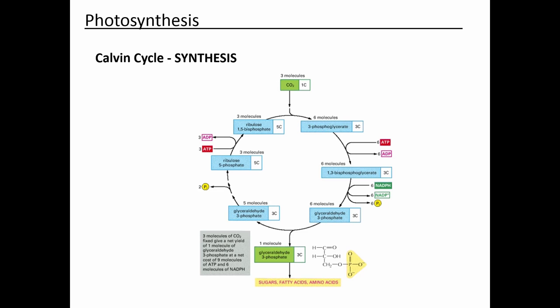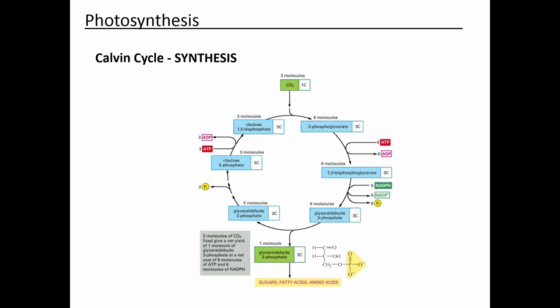Okay, so those are the 3 stages of the Calvin cycle, and now I'll just use the slide. The different stages are not clearly marked on this slide, so I'll kind of explain as I go through it. But this also kind of puts it in a cycle rather than being linear like on the board. So the first stage we said is the carbon fixation stage.